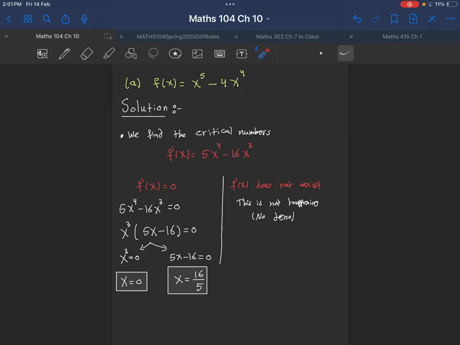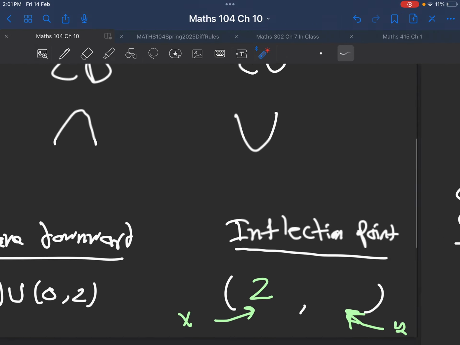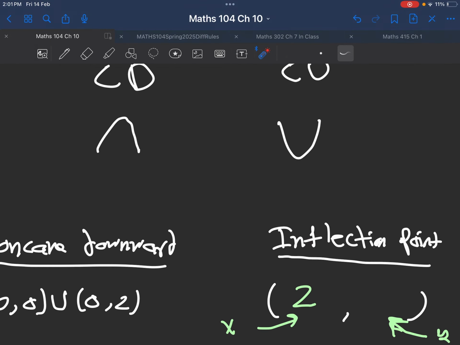Let me go back to the original function and substitute 2 here and 2 here. Whatever we get is the inflection point. And it's negative 32. So we have all this information.